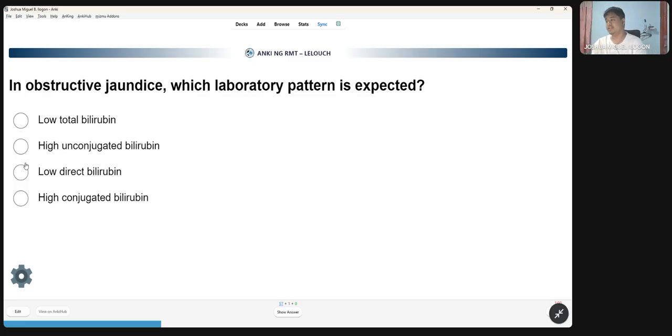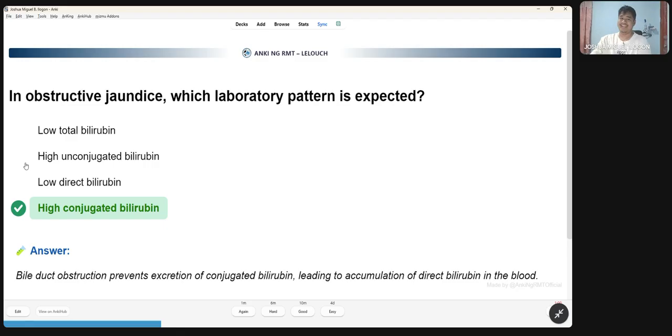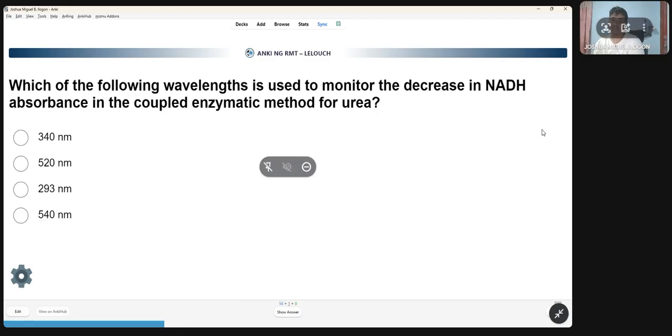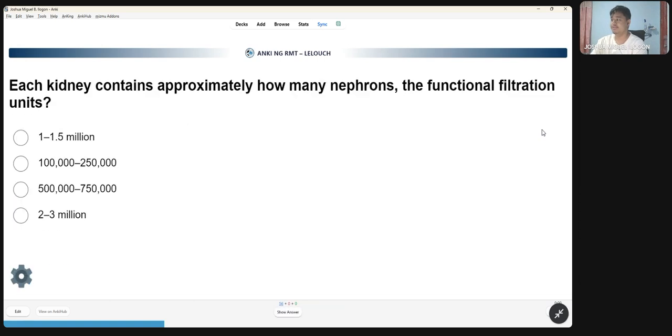If it is obstruction, where is it obstructed again? I think it's high conjugated. Yeah, conjugated, after bile duct obstruction, of course. I forgot about that. NADH decrease in the coupled enzymatic method for urea is read at 340 nanometers.